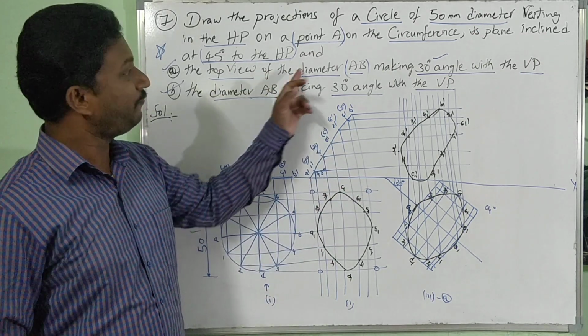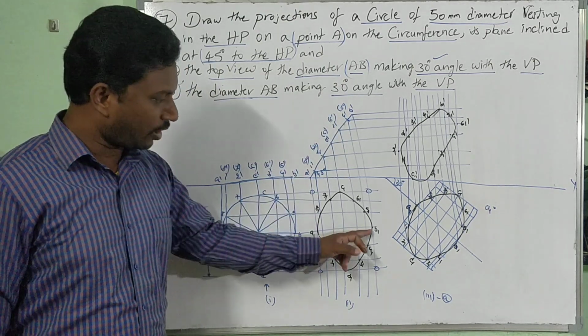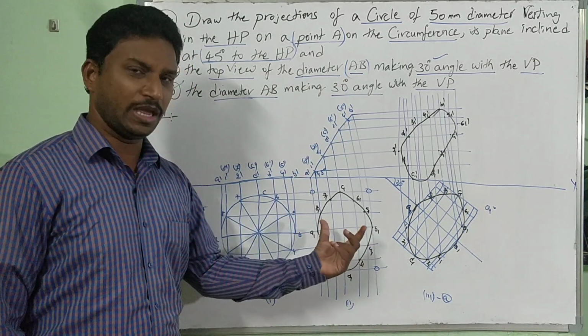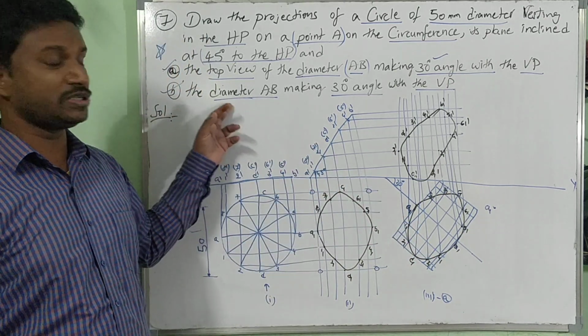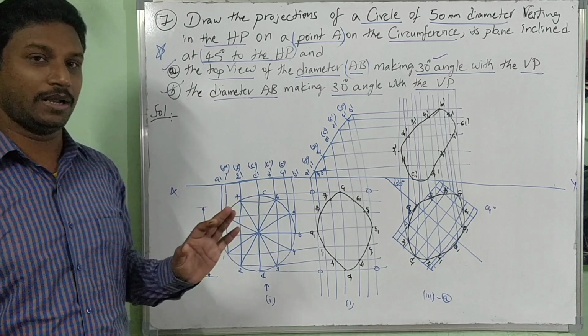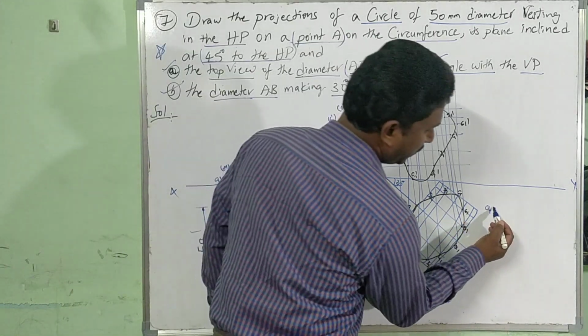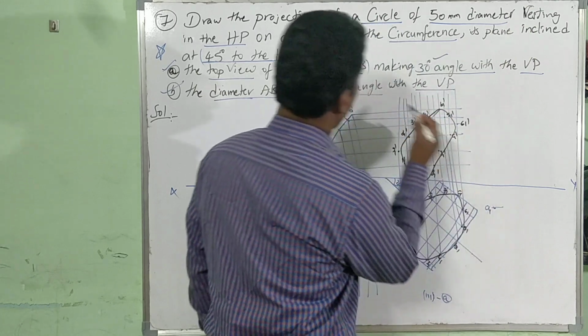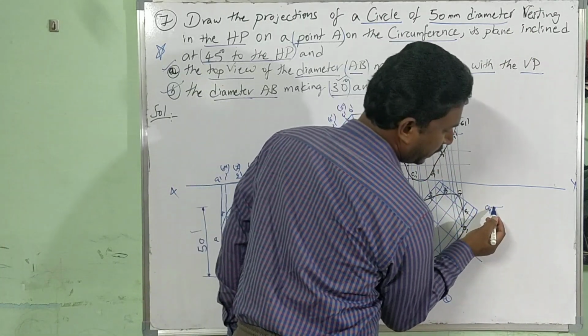Here is the top view of the diameter AB. In the second stage, the top view has become A1B1, which is a reduced length. But in this question, the diameter AB is nothing but 50 mm. So with respect to this, at what angle? 30 degrees. See here, I am drawing a 30 degrees line.